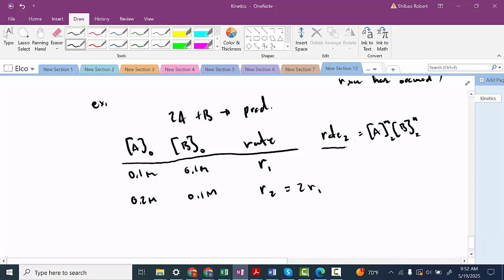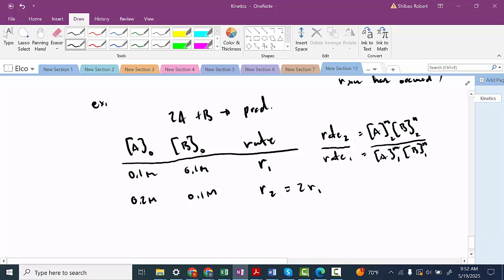Okay, then we'll just divide this by the rate for 1, which is going to equal the A concentration for 1 to the M power, and the B concentration for 1 to the N power.